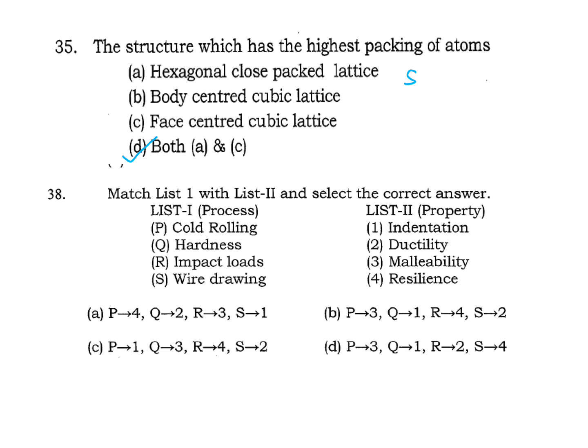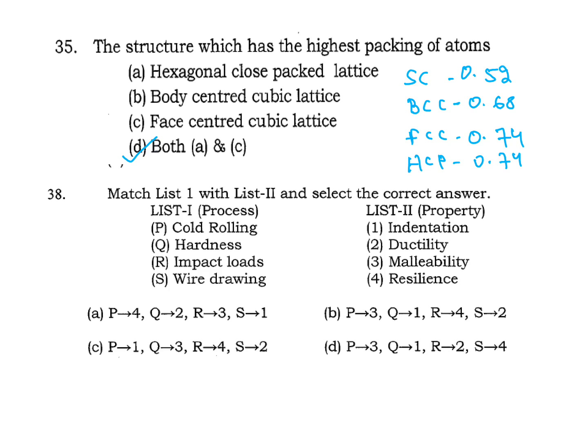For simple cubic it is 52%, then BCC 0.68 as asked in GATE 2015, then FCC 0.74, and HCP also 0.74. Both FCC and HCP are highest.